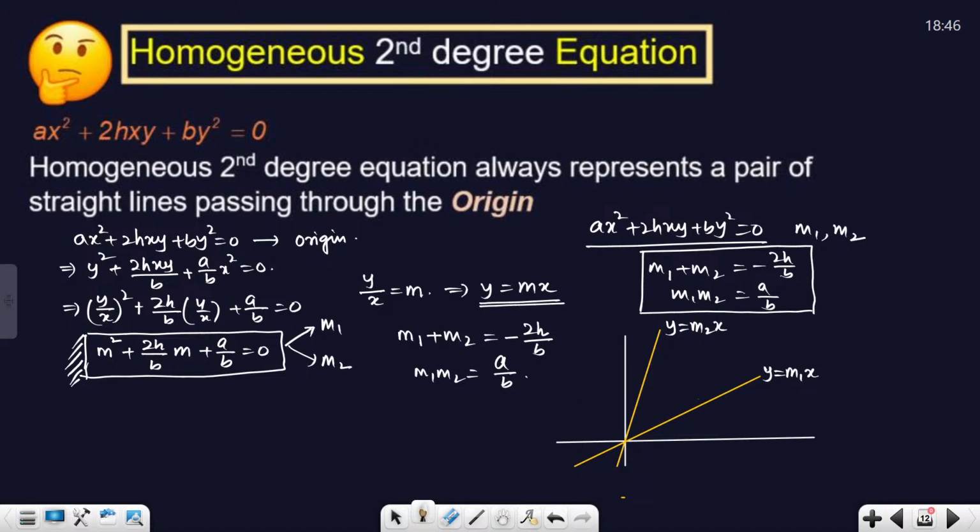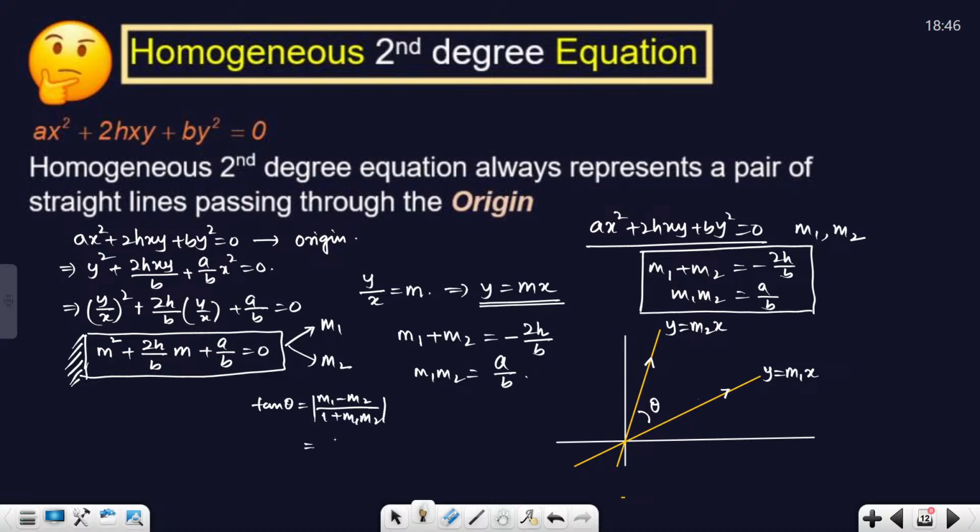Is it clear? Let us say the angle between these two lines be theta. The slope of this line is m1, the slope of this line is m2. Then what is the angle between them? We know that tan theta is m1 minus m2 divided by 1 plus m1 m2 with a mod sign.